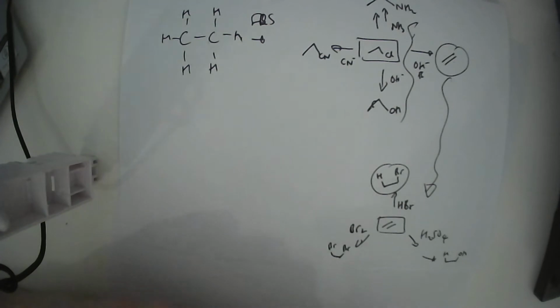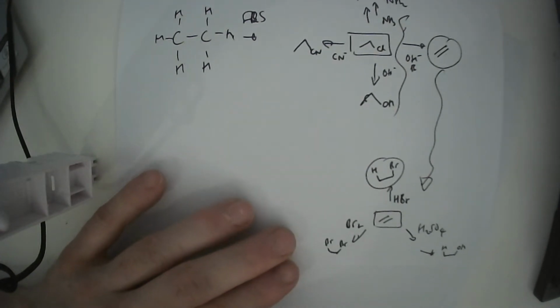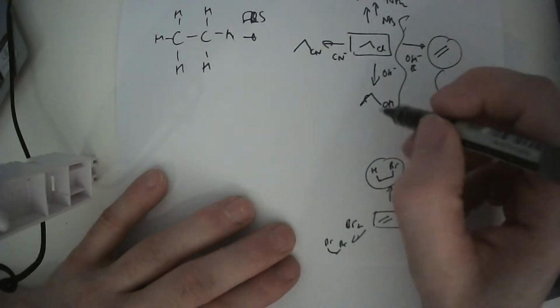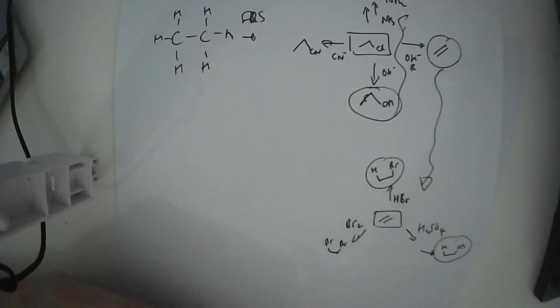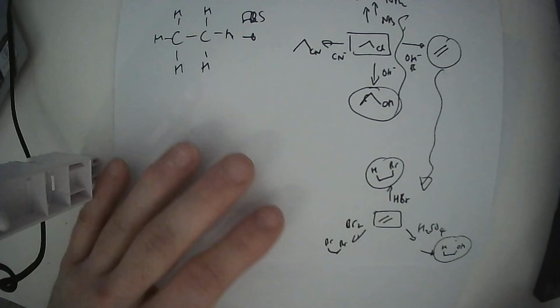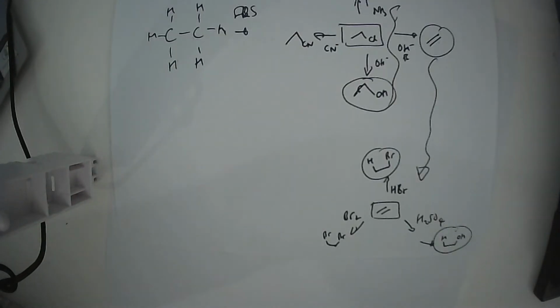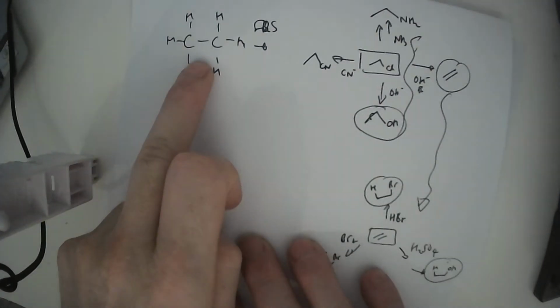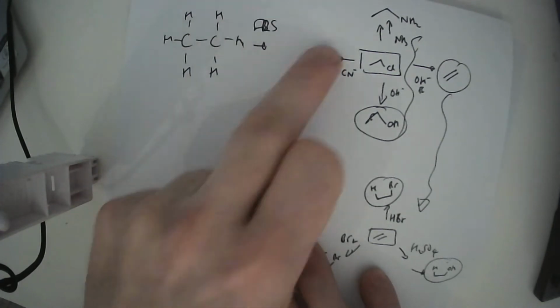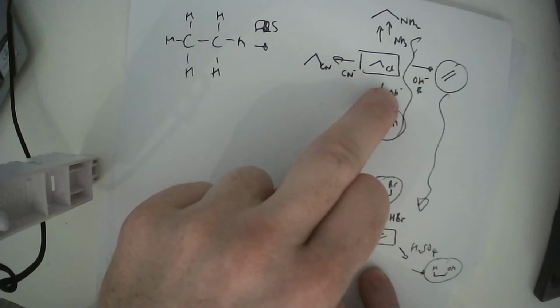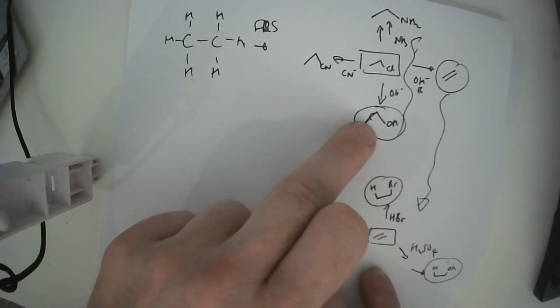On this diagram, how many different ways are there to make an alcohol? There's one, and there's another one. So this is what I'm trying to teach you: if somebody says, how can you make an alcohol in A-level chemistry? What you could do is take an alkane, do free radical substitution with chlorine in UV light, and then use warm aqueous sodium hydroxide to make an alcohol.